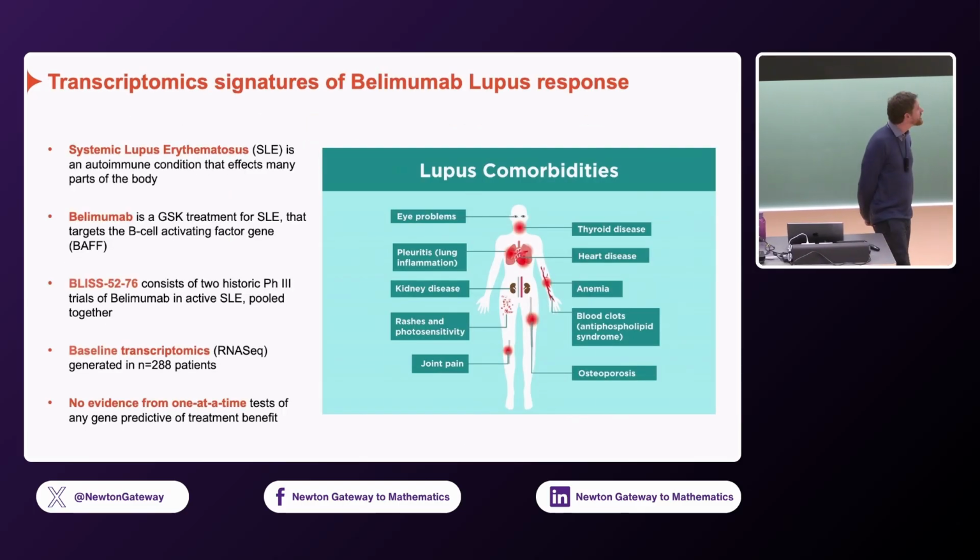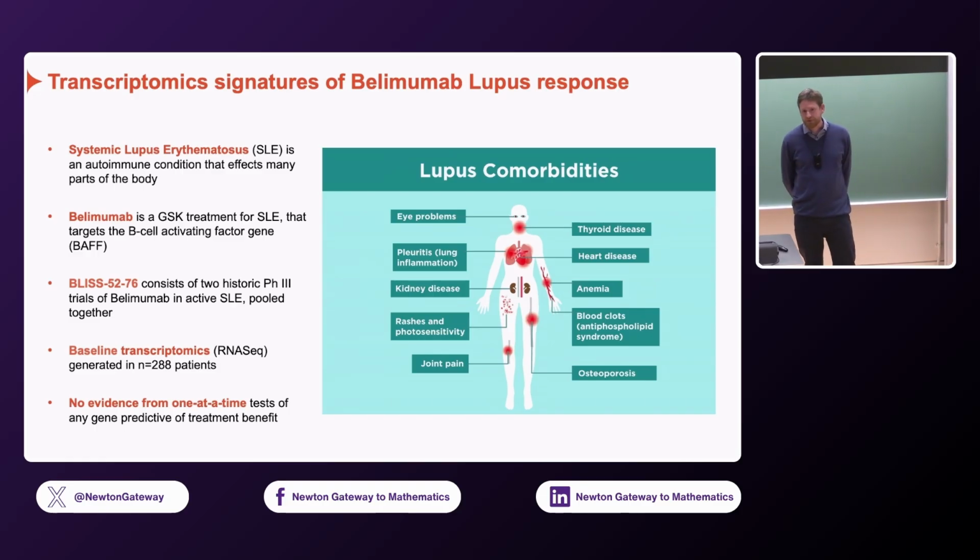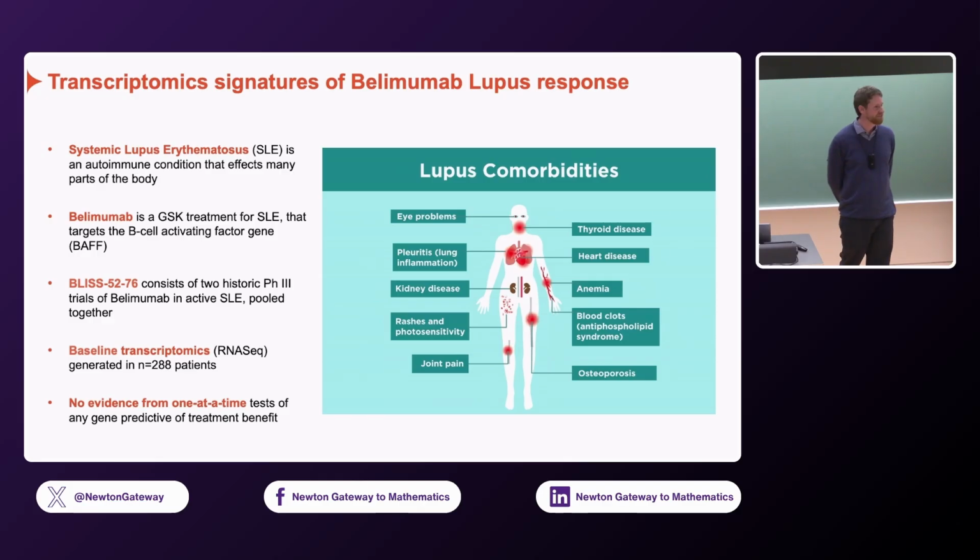And just give you some results from an application. So this is in lupus. Lupus is a horrible disease. It's an autoimmune disease. It can affect pretty much all parts of the body. Belimumab is a GSK treatment that was licensed in 2011.